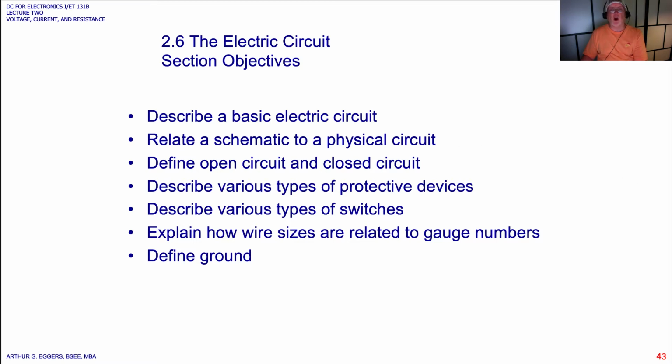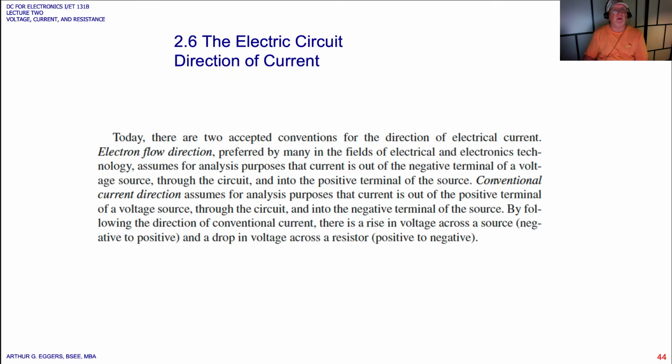We're going to define open circuits and closed circuits, various types of protective devices and switches, and we're going to look at how wire sizes are related to gauge numbers, and then finally define ground, which is very important for safety issues and making a circuit work.